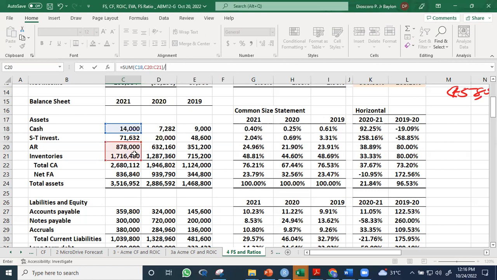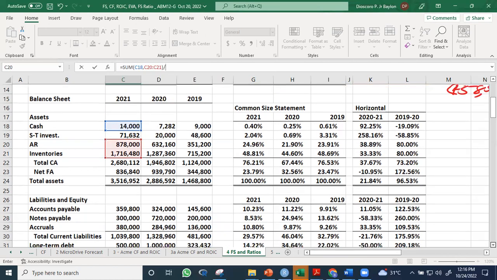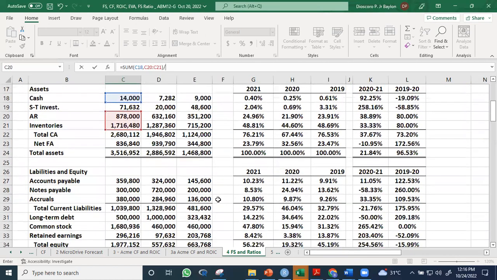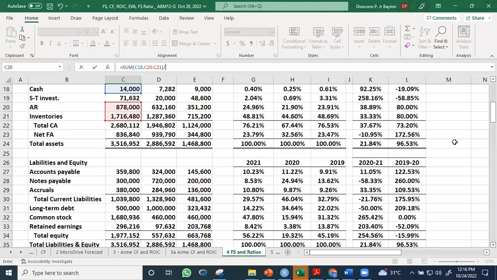Hindi pa. Then, ano yung operating current liabilities natin? Sorry, minus dapat. Operating current assets minus operating current liabilities.